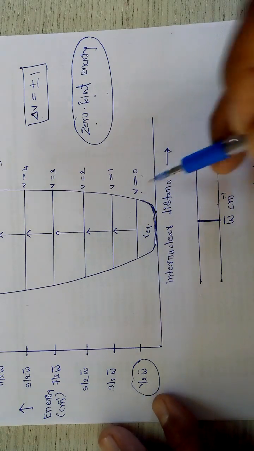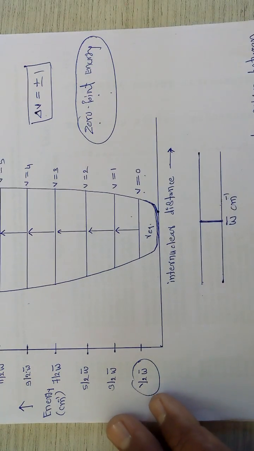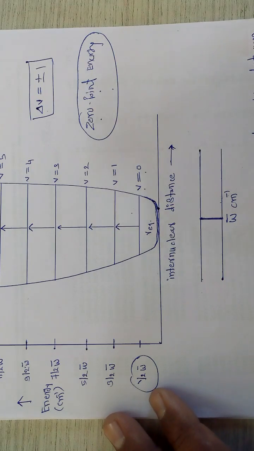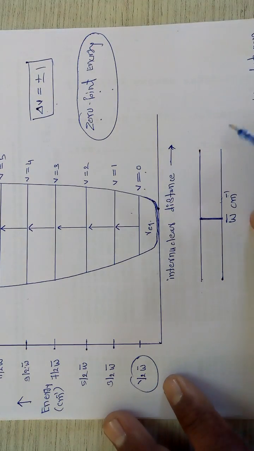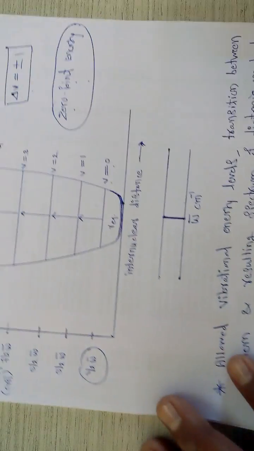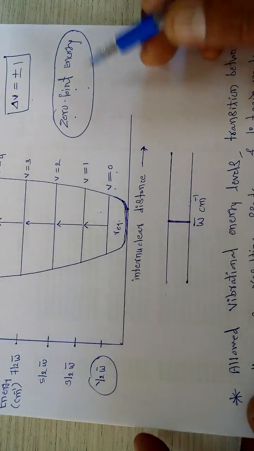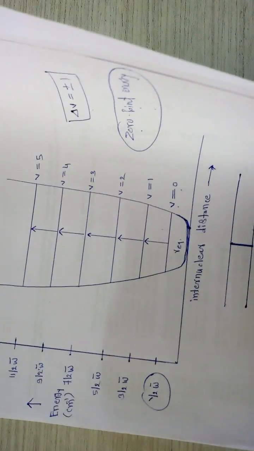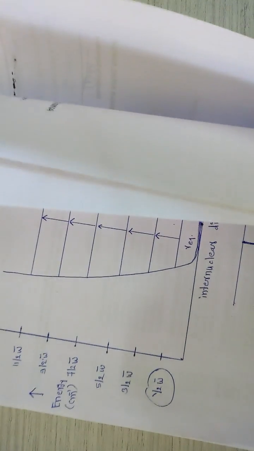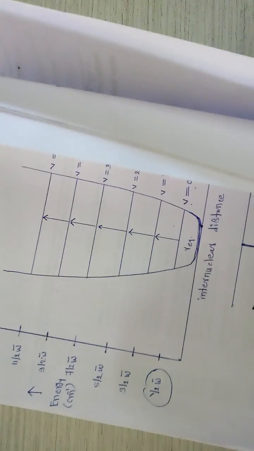So up to this, we considered the different types of allowed vibrational energy levels, their allowed transitions, the selection rule for this transition, the spectrum for this diatomic molecule, and the important concept called the zero point energy. Now, we have to consider the next important part from this topic related to infrared spectroscopy.